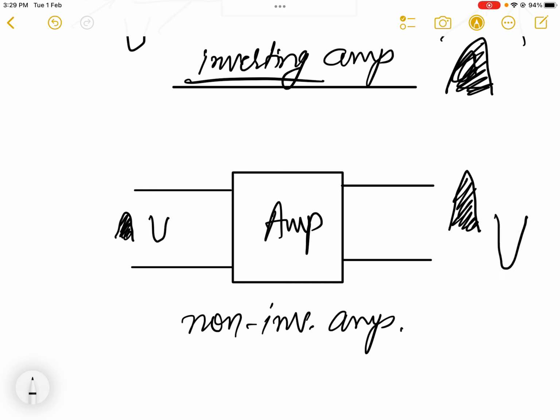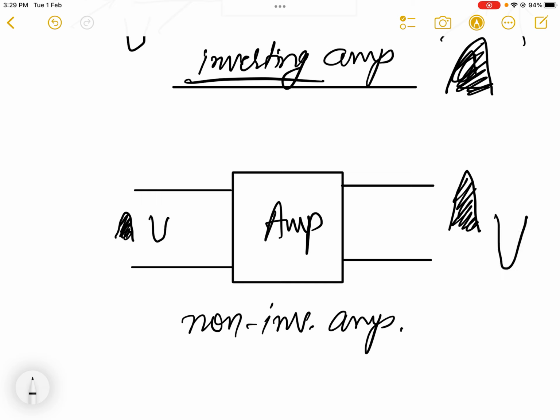Suppose I take one amplifier here, and to this amplifier there are two input terminals, two output terminals, and I am applying some input signal, say Vi, and I am getting Vo as the output signal. Means I am applying some small voltage, say Vi, and I am getting large output voltage as Vo.